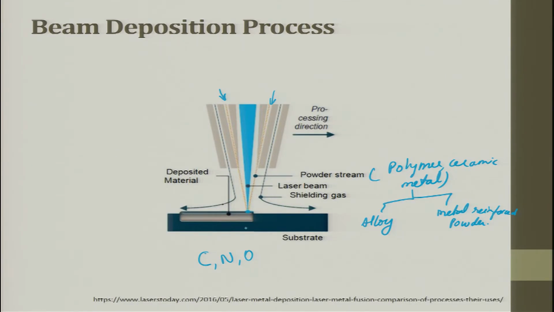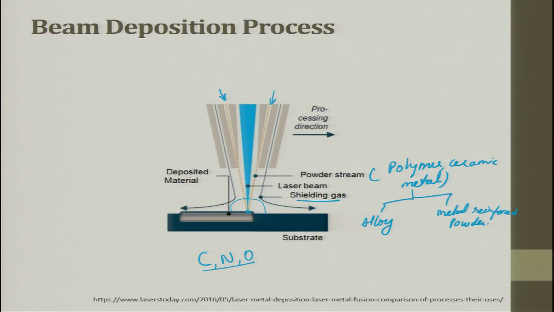Whatever gets generated from here is directly used as a final product for usage. So, here this air which comes, the shielding gas, basically purges or creates an atmosphere around. This atmosphere protects the liquid pool from reacting with the atmosphere and forming these compounds or ceramic materials. So, it is very interesting.